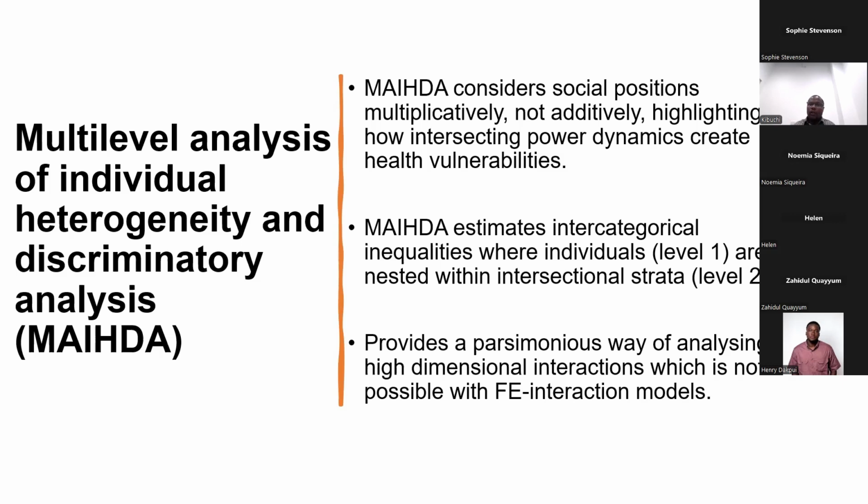And usually it places the individuals at level 1. So each person is put at level 1. Then the nested intersectional strata, based on the social categories or social factors you are considering, are usually placed at level 2. It provides a very parsimonious way of analyzing even high-dimensional interactions, which is not possible with fixed effect interaction models, because it treats each social stratum as a cluster in itself.